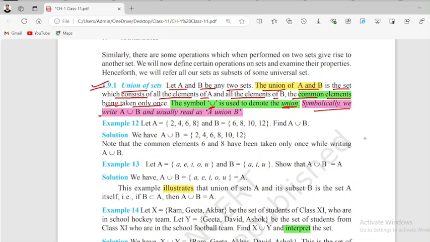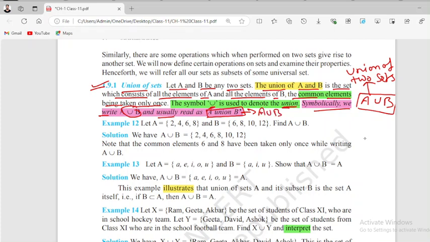Symbolically, we write A ∪ B. This is the union of two sets, and we read it as A union B.